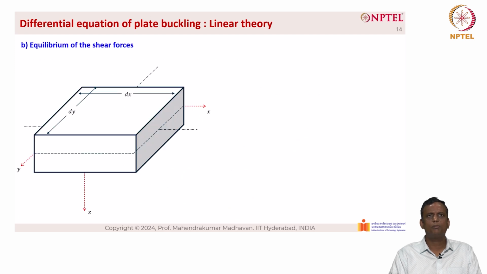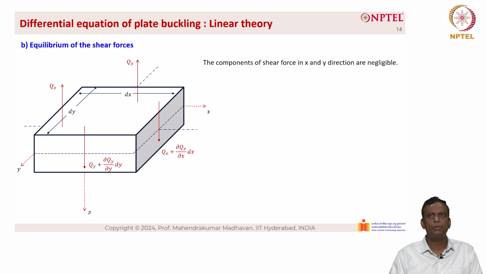Now, the equilibrium of the shear forces is given in the picture here. We have Qx on the left hand side, and on the right hand side we have Qx plus ∂Qx/∂x into dx. Similarly, we have Qy and Qy plus ∂Qy/∂y into dy. So, the components of shear force in the x and y directions are negligible.